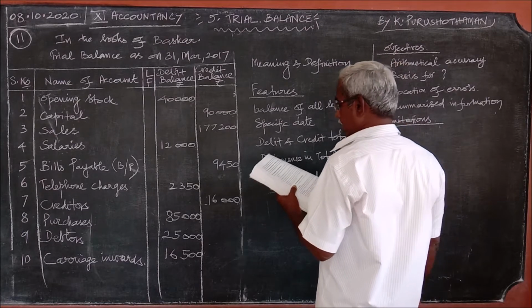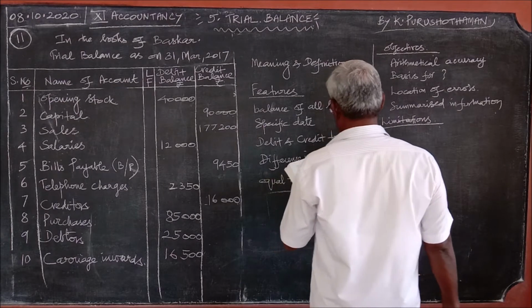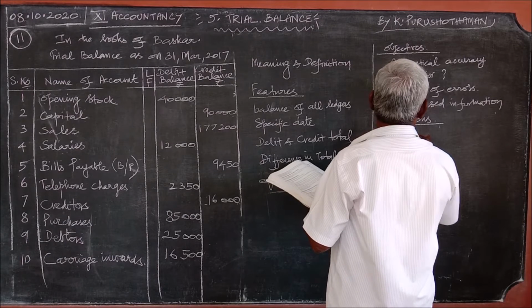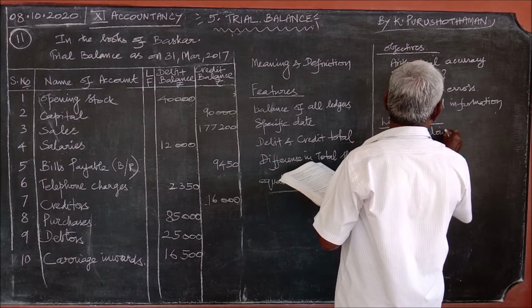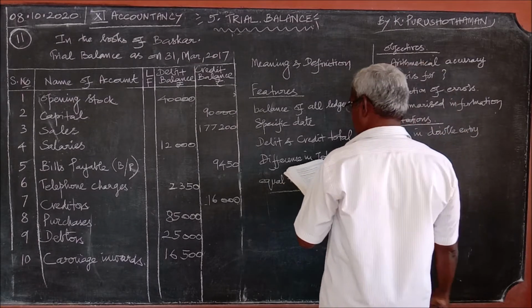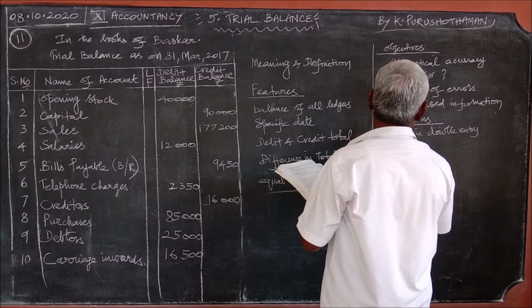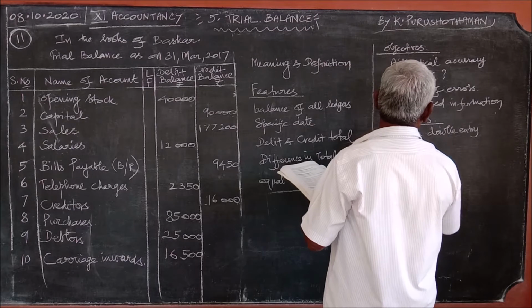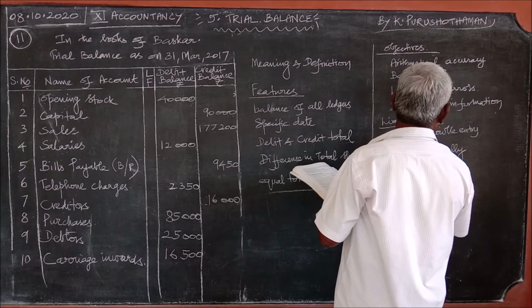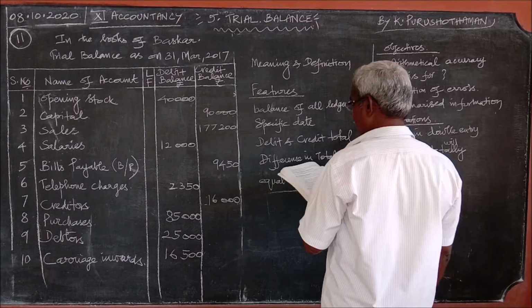Limitations. Listen carefully. When I am writing, you read them. Only in double entry system. Then, if omitted, it will tally.